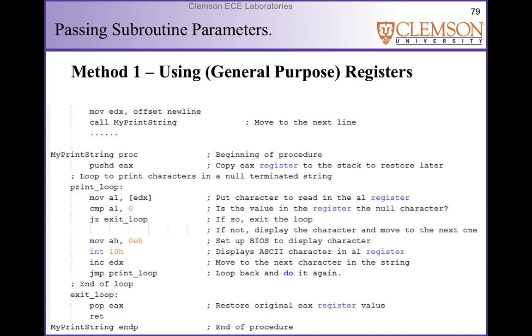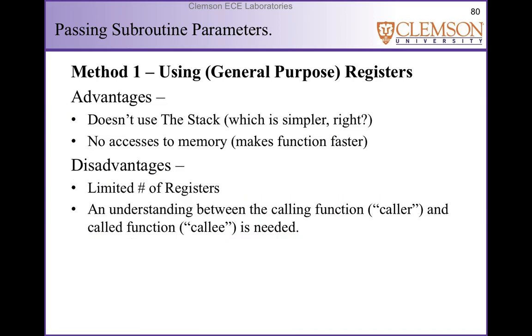But just to let you know, this exists, and you can skip this whole stack step and go directly into the registers. The advantage of method 1 is that you don't use the stack. There's no access to memory, so you don't have to travel from the CPU to RAM and then from RAM to CPU, which is what you're doing when you're using the stack.